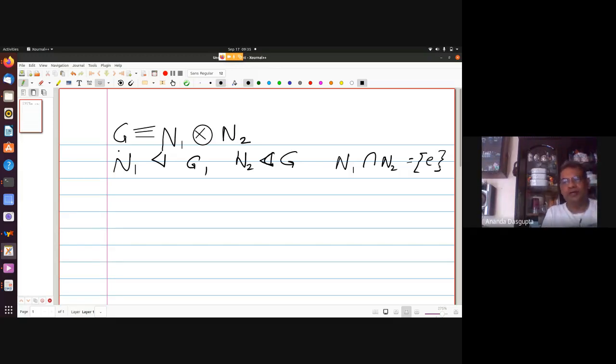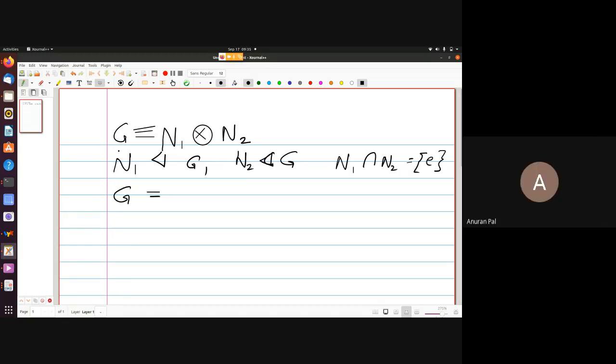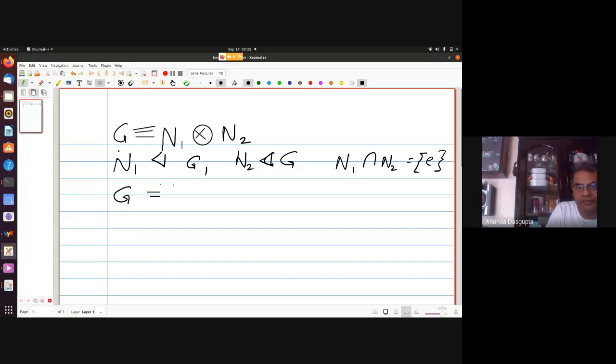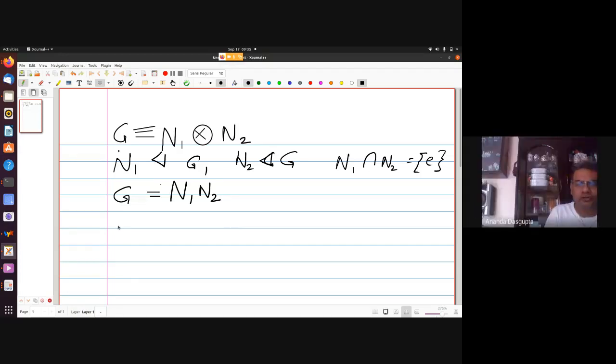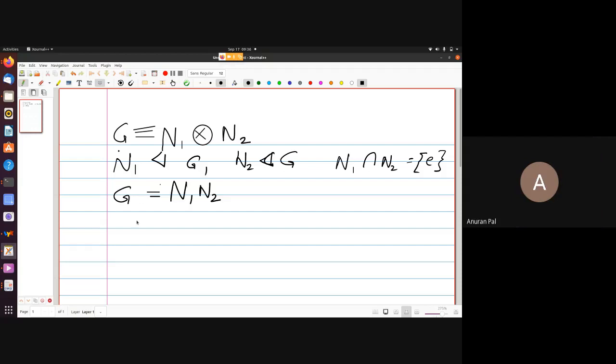The identity has to be there anyway, because they are both subgroups, but it is the only one you have. And finally, G equals N1N2. This is important. So if you have all this, then you can show that G is isomorphic to N1 direct product N2.